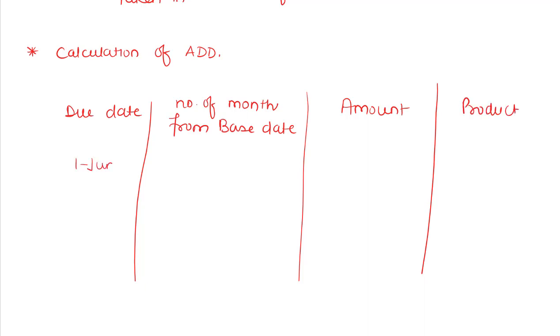Due dates 1st June, 1st July and 1st August. As I told you, we'll take the first date as base date, but you can take any date as base date. So in this example, we are taking 1st July as base date.